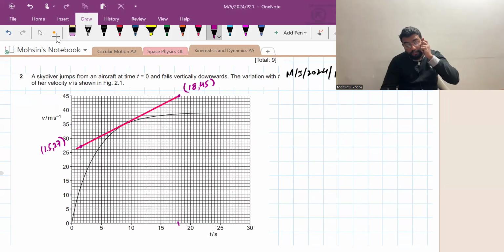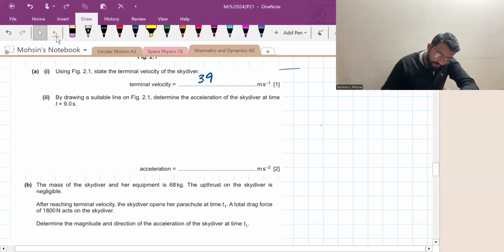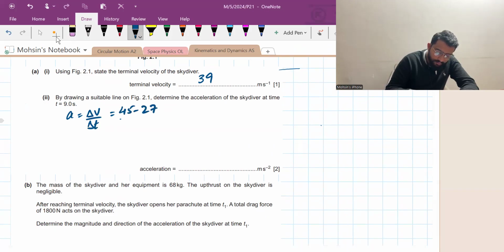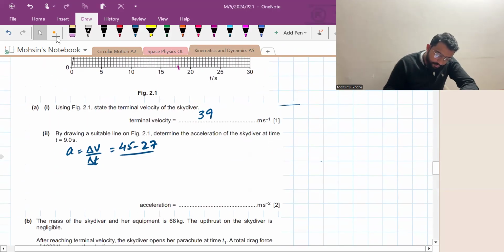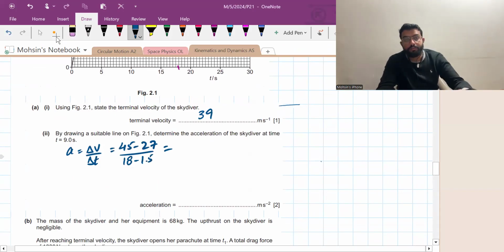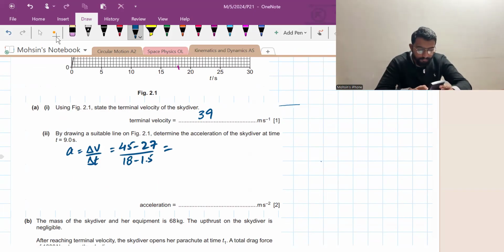So these are the 2 points. For the gradient, y2 minus y1 over x2 minus x1, 45 minus 27, and here it will be 18 minus 1.5. So what I'm getting here is, why isn't it working?